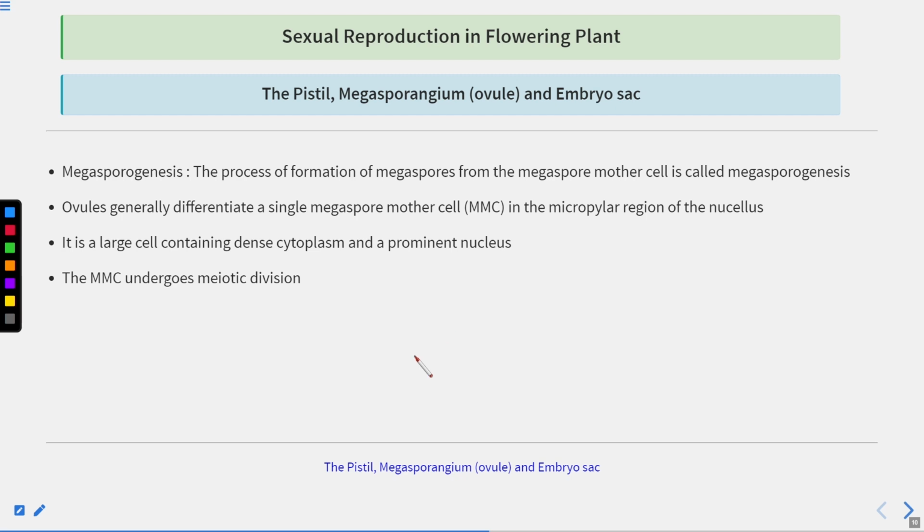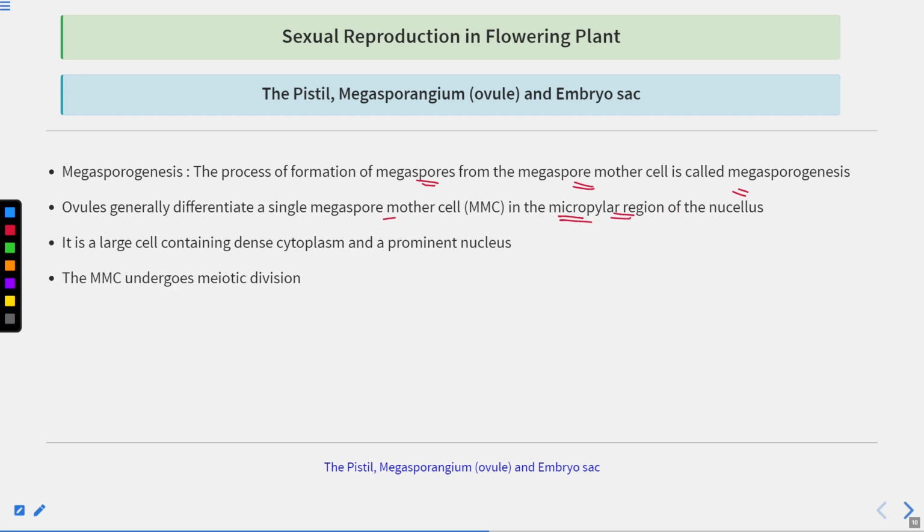The process of formation of megaspores from the megaspore mother cell is known as megasporogenesis. Ovules generally differentiate a single megaspore mother cell in the micropylar region of the nucellus, which means the tip of the nucellus.